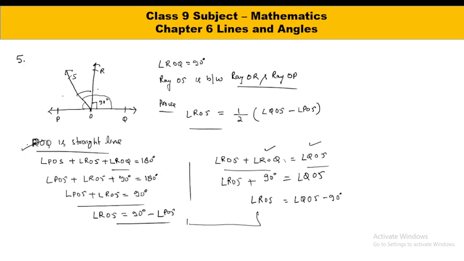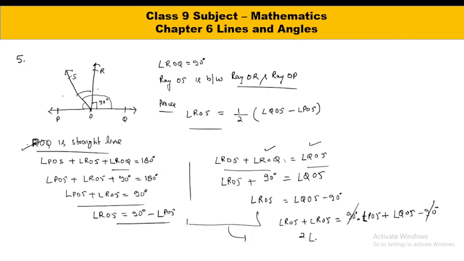So now we will compare these two equations. They will be added together. So angle ROS plus angle ROS will be equal to 90 degrees plus 90 degrees minus angle POS plus angle QOS minus 90 degrees. So the plus 90 degrees and minus 90 degrees will cancel.